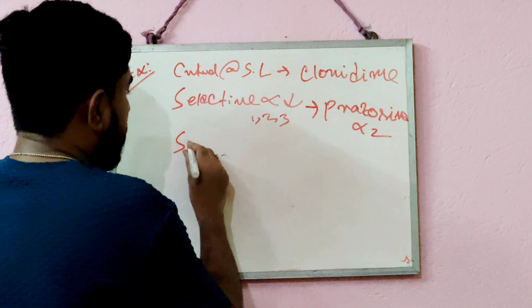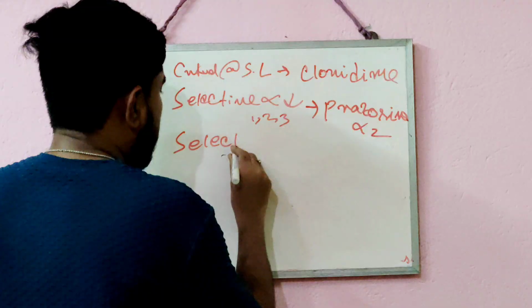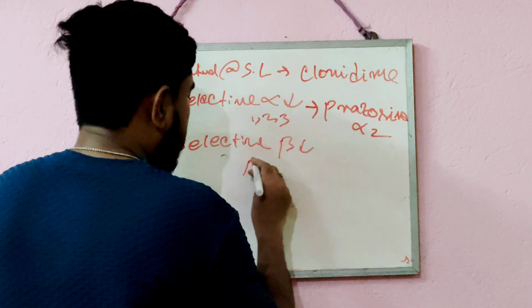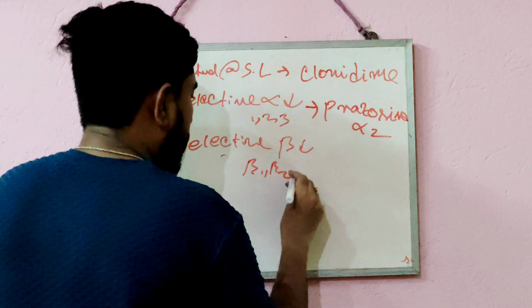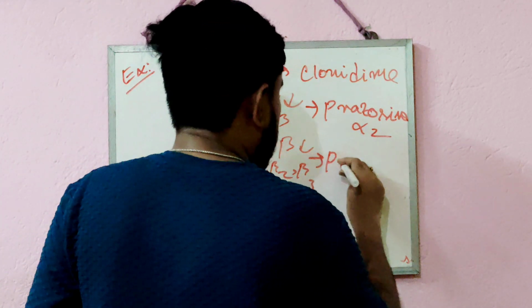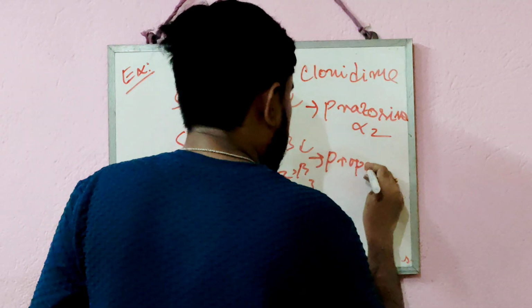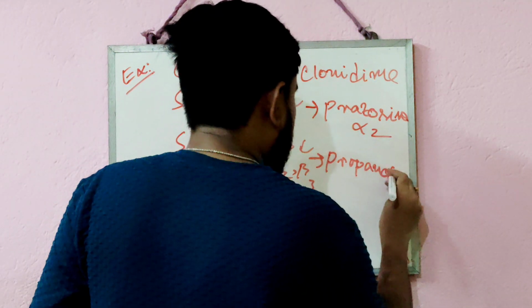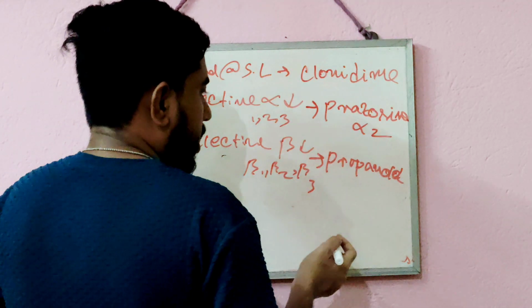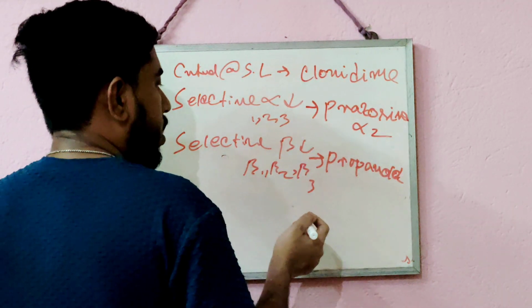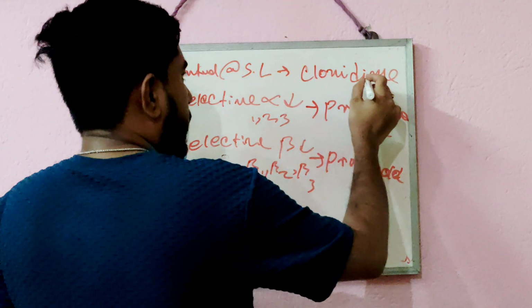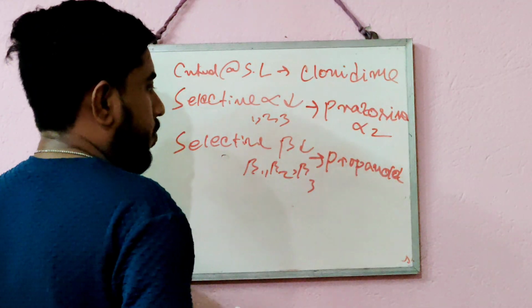The third one is selective beta blockers. It can be beta 1, beta 2, or beta 3. An example is propranolol. Propranolol is also used to treat angina, cardiac arrest, and hypertension or BP.